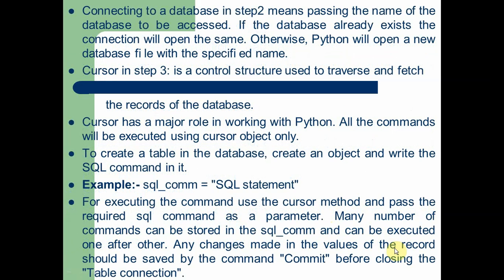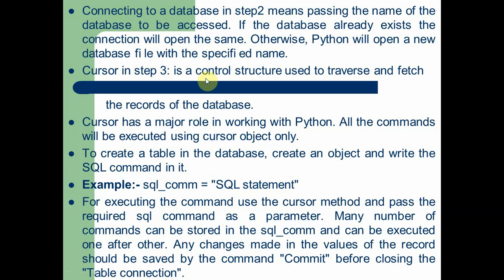Connecting to a database, step 2, means passing the name of the database to be accessed. In step 2, either we can create a new database or we can access an existing database. If the database already exists, the connection will open the same. Otherwise Python will create a new database with that name.